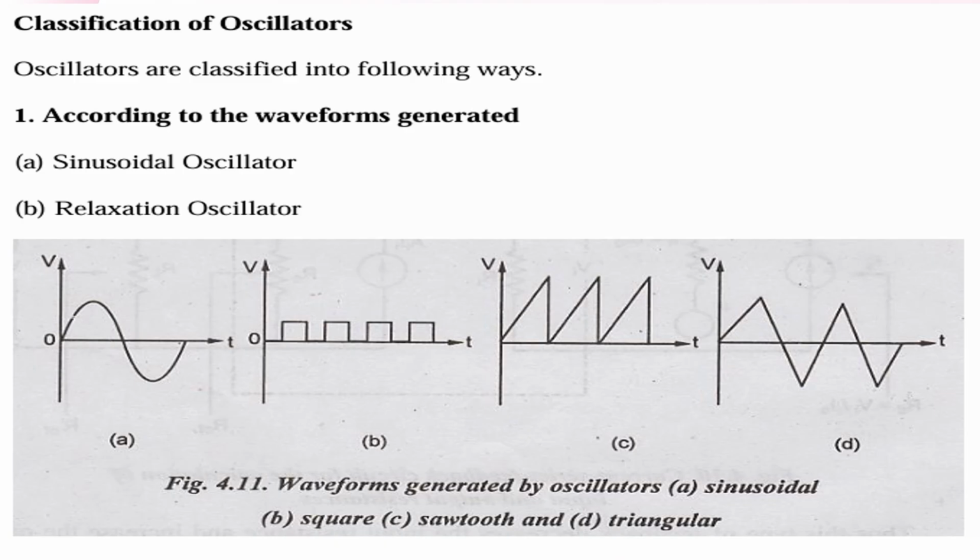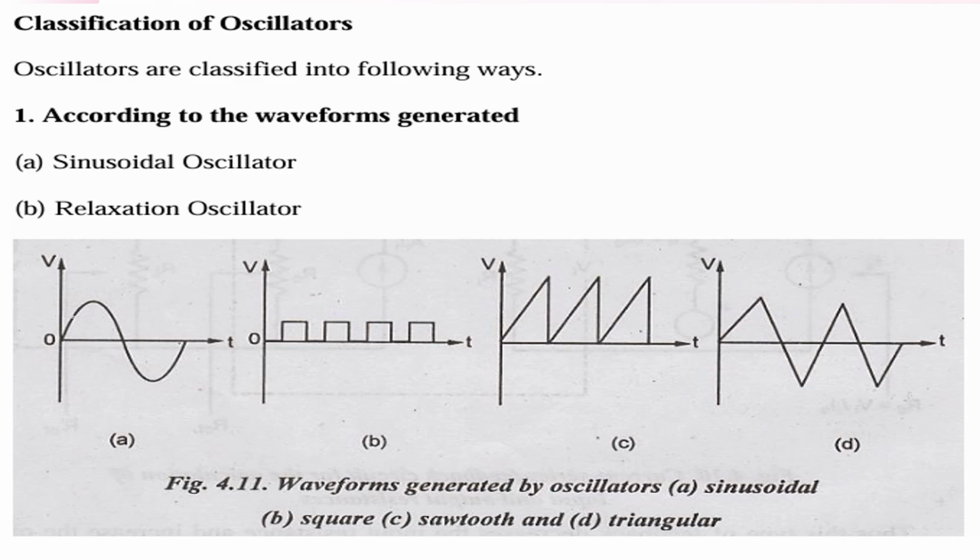So next is the classification of oscillators. Oscillators are mainly classified based on several conditions. First, let's see the classification according to the waveforms generated. According to the waveforms generated by the oscillator, it is classified into two types: sinusoidal oscillators and relaxation oscillators.